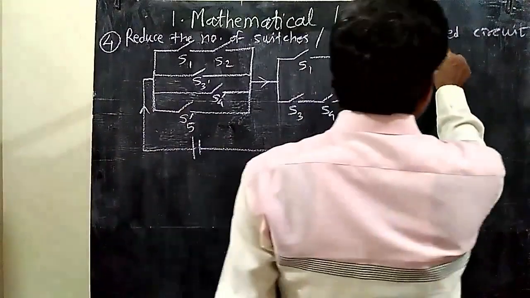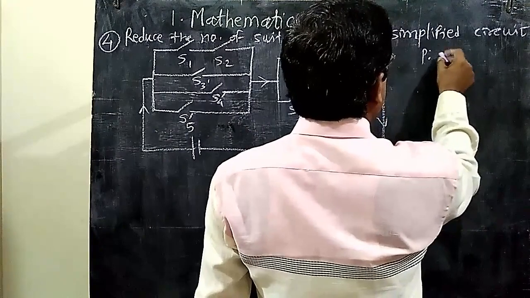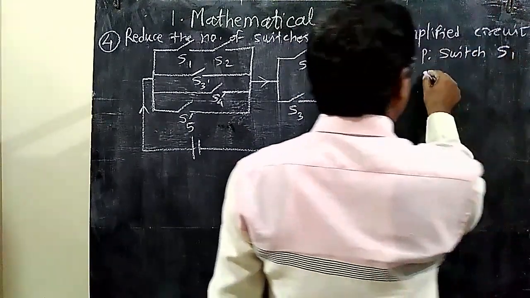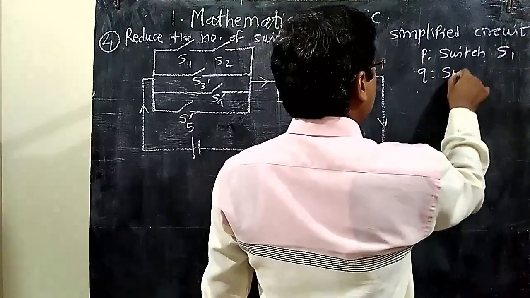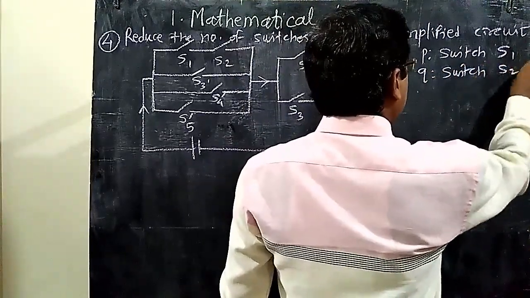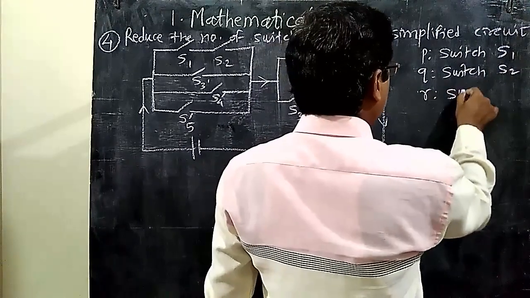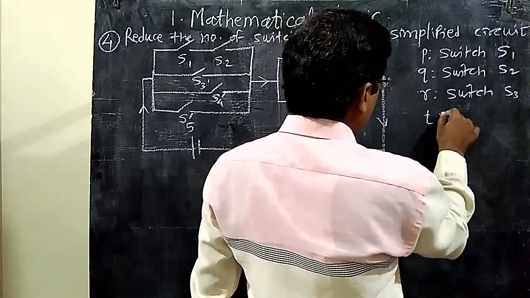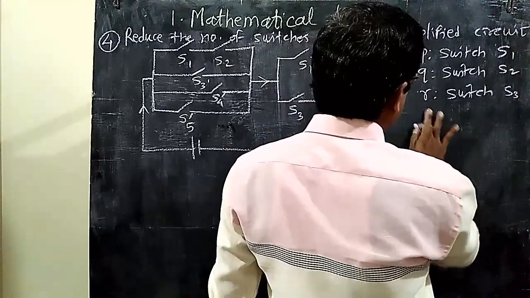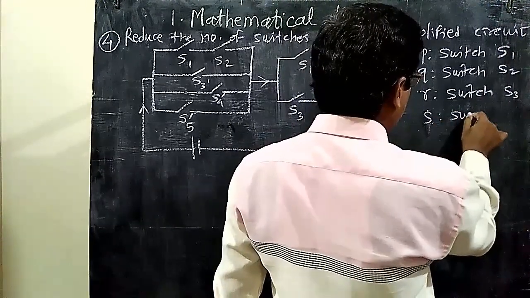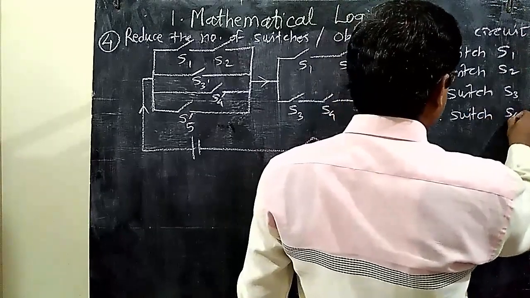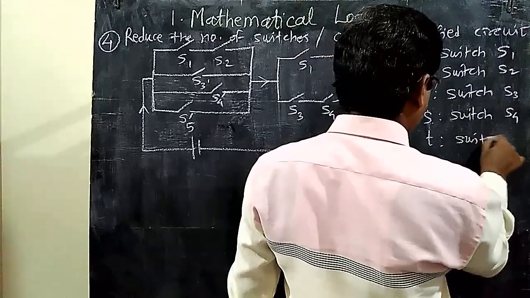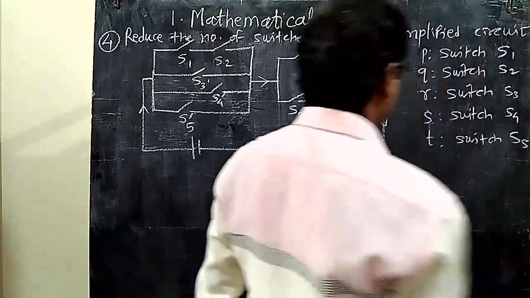So we have to consider statements as P for switch S1 is on, Q for switch S2, R for switch S3, S for switch S4, and P for switch S5.